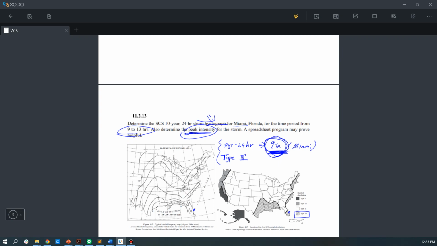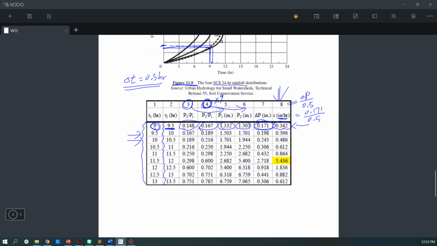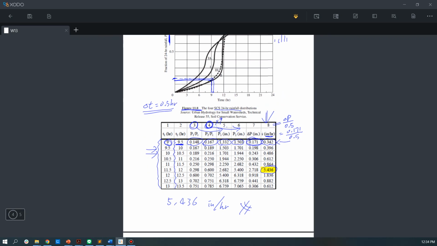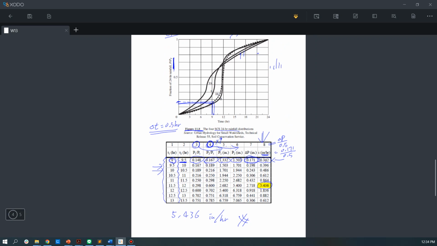Then this column 8 is the hyetograph that you need to calculate for this problem. And to identify the peak intensity, you just find the largest value in the last column, which is 5.436 inch per hour, the peak intensity in this rainfall event. Okay, so you finish this problem.